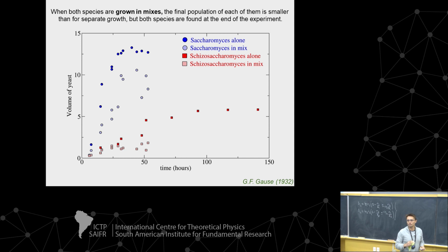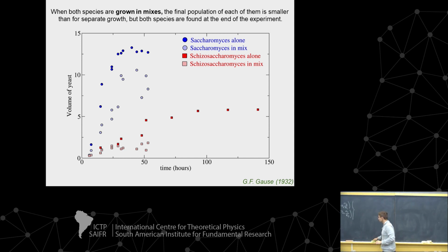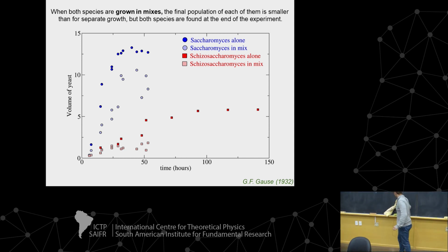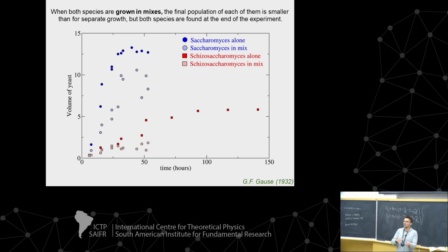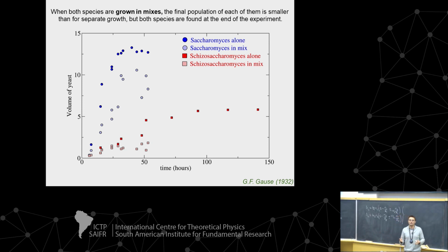Okay? And of course, the signs that I'm using in these second terms are going to give us the nature of the interaction. So positive signs mean positive interactions, and negative signs mean negative interactions.